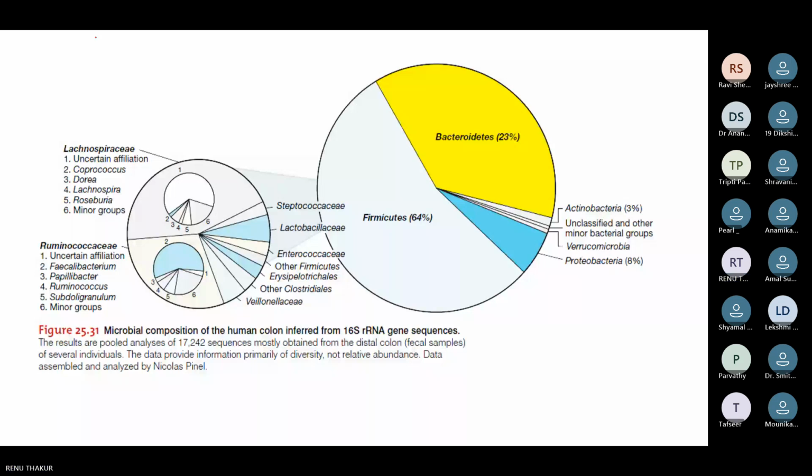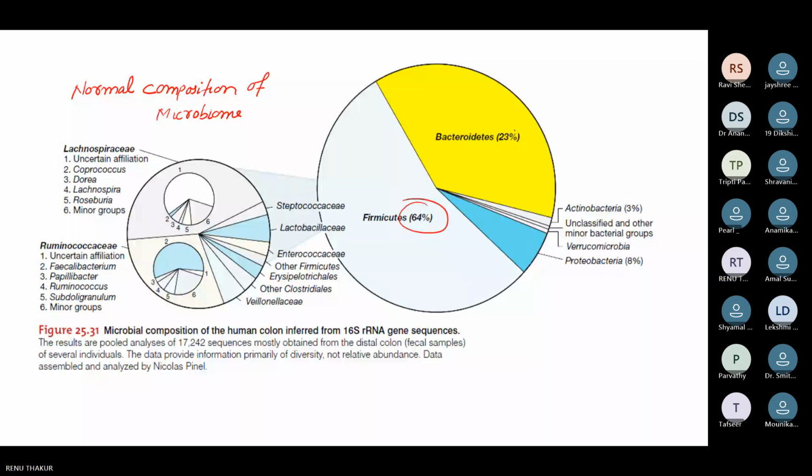The normal composition of microbiome: you can see these two are the major composition, firmicutes about 64% and bacteroidetes about 23%.